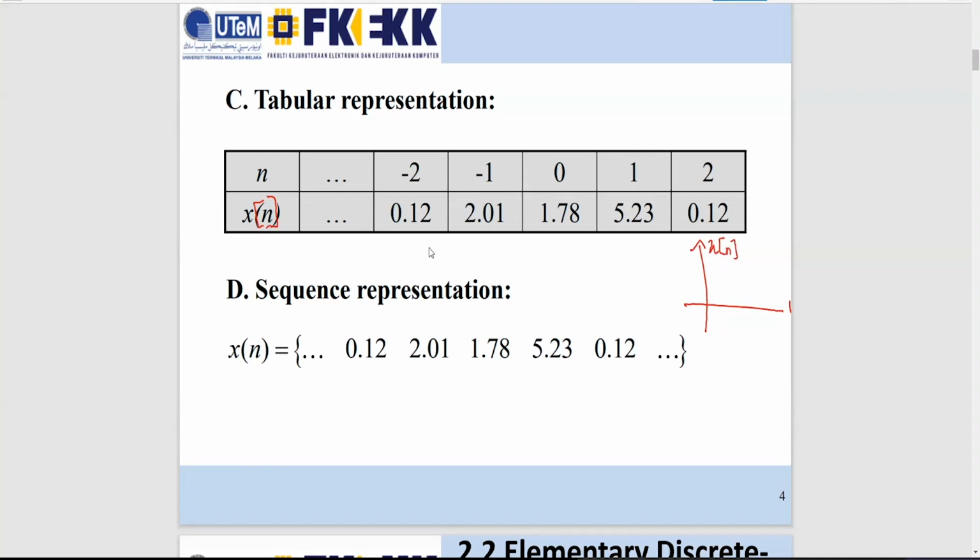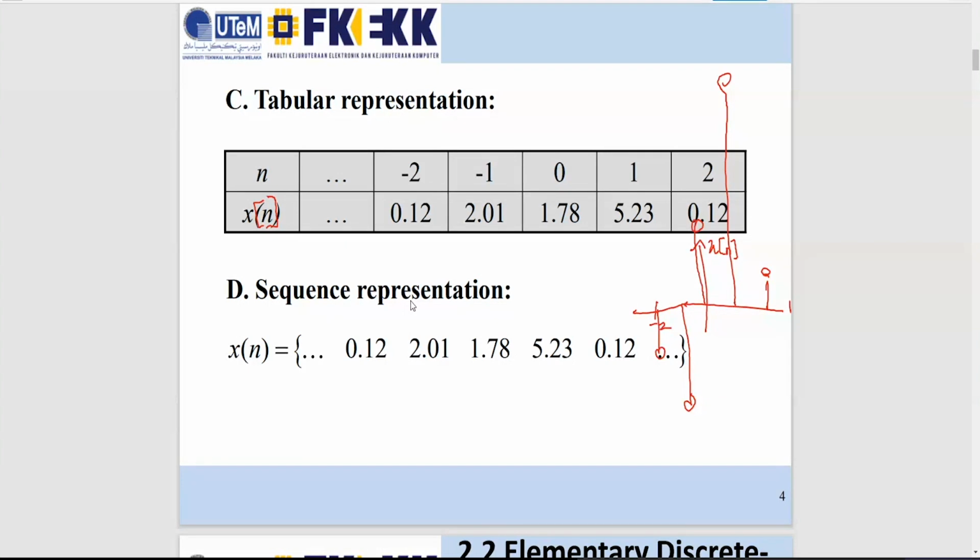This one could be this, and this one could be 5, and this one could be that.